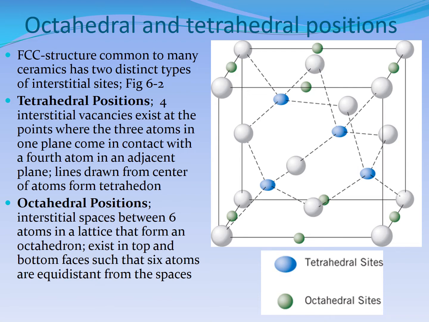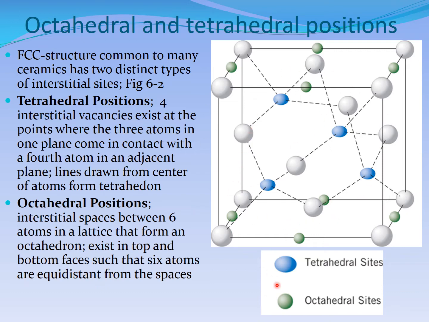Something very quickly about octahedral and tetrahedral positions. If you see the big ones, they are on all the corners, for example, on the corners of the cube, and on each face, for example, this face. So these are the big ones.